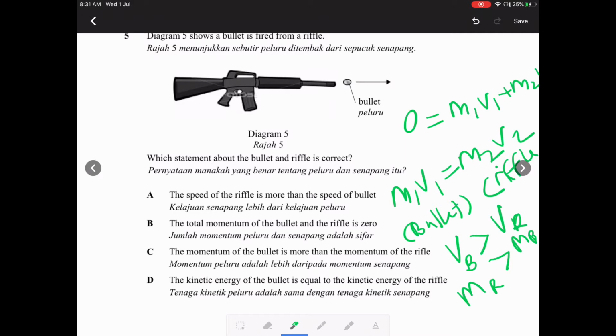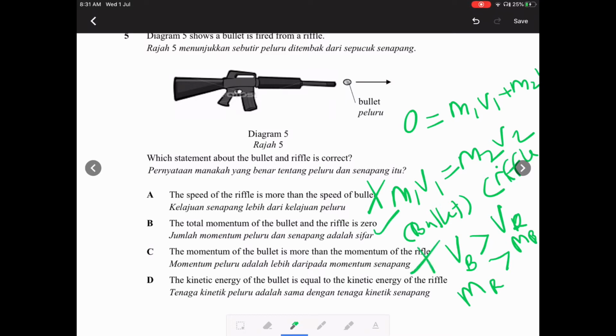Okay, so pilihan jawapan A, the speed of the rifle is more than the speed of the bullet. So salah lah. Okay, B, the total momentum of the bullet and the rifle is 0. Okay, ini macam betul. Okay, C, the momentum of the bullet is more than the momentum of the rifle.